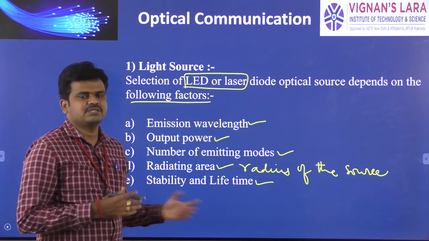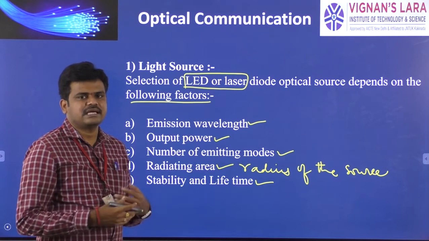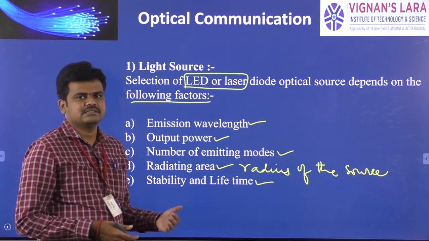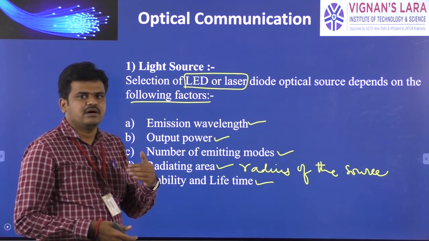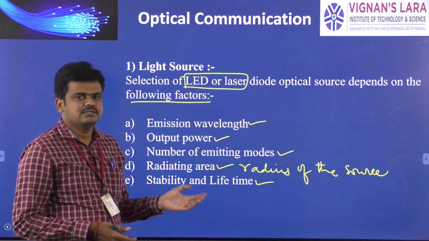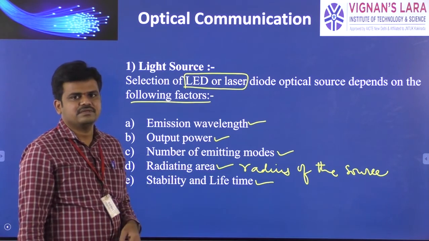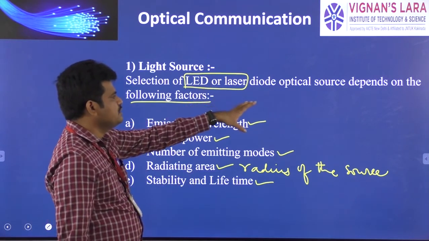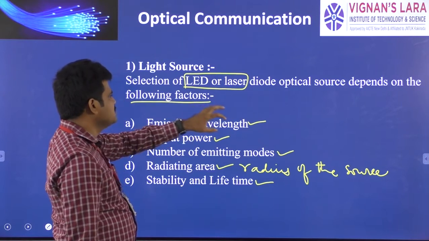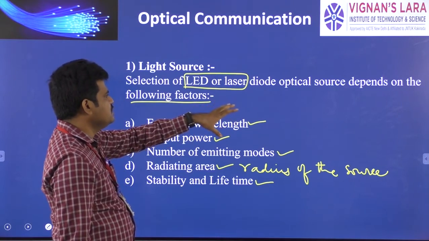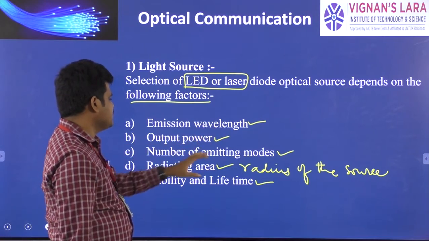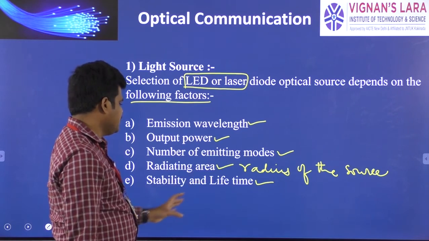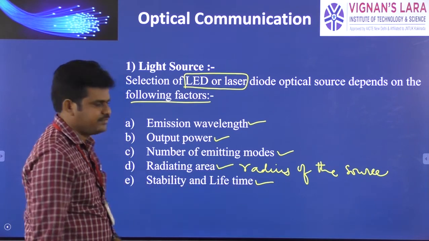It depends upon how many times and by how many methods the optical source lifetime is tested. So overall, the selection of the optical source depends upon the emission wavelength, the optical power, number of emitting modes, radiating area, as well as stability and lifetime.